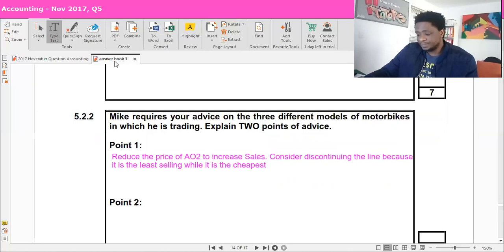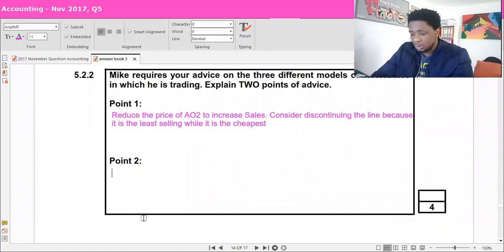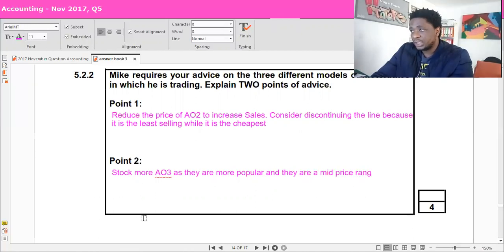So I would say, stock more AO3 as they are more popular and they are a mid-price range. Obviously, someone that doesn't want to buy the cheapest thing in the store, but also does not want to buy the most expensive, can sort of find a middle ground in the AO3.